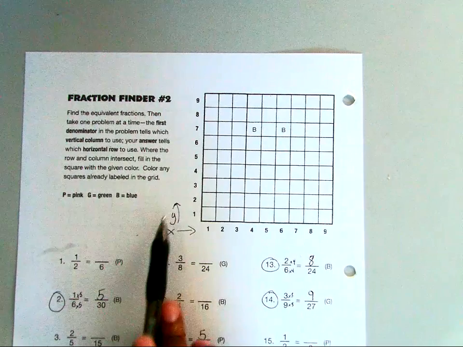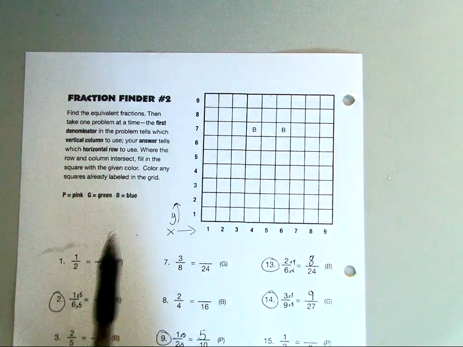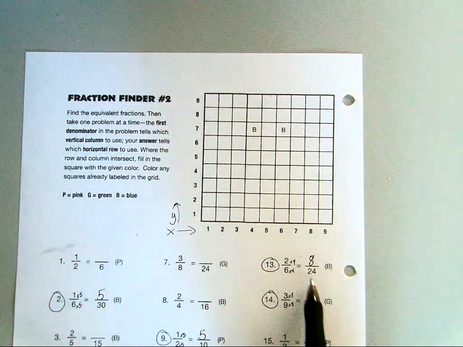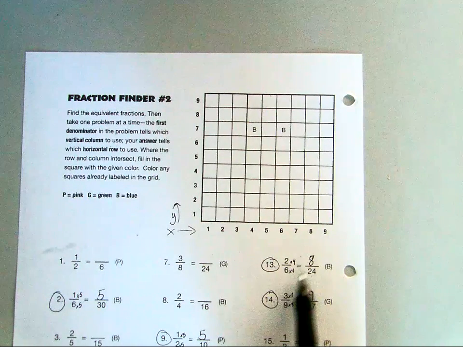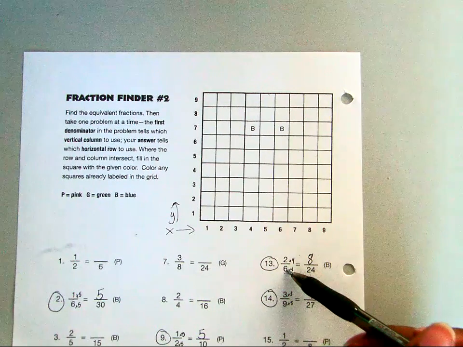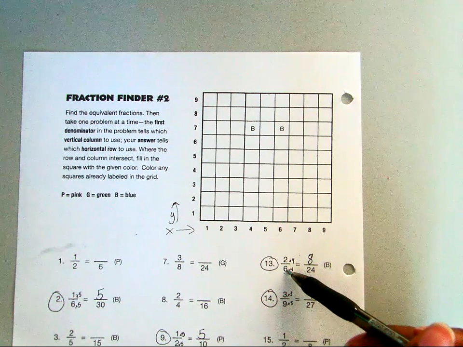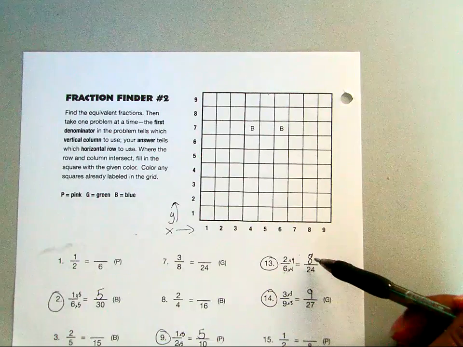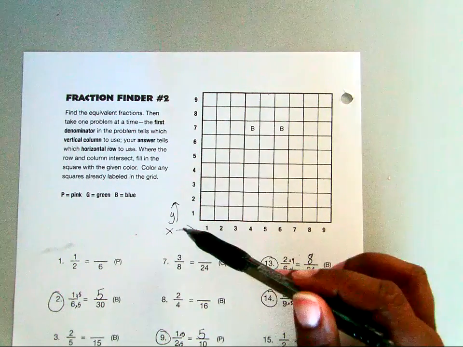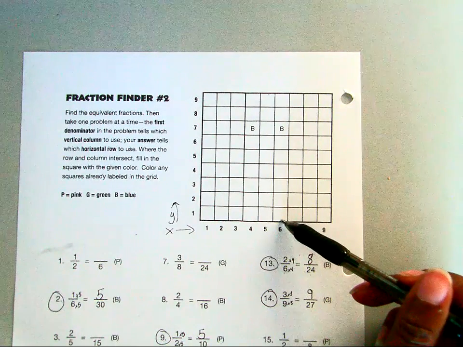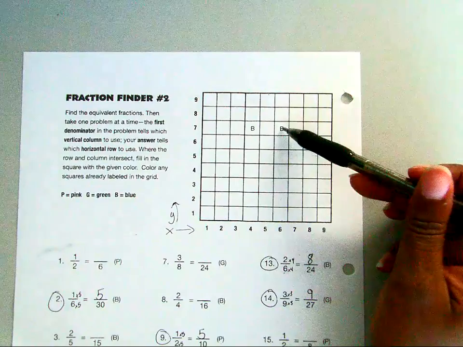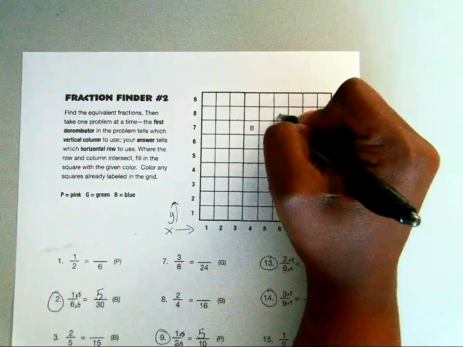So the denominator is going to be your x. So for this one, the denominator is going to be my x, which is 6. I'm using this denominator. And the numerator, my answer, is going to be my y. So for this one, I would go 6 and go up 8. 1, 2, 3, 4, 5, 6, 7, 8. And this one should be blue.